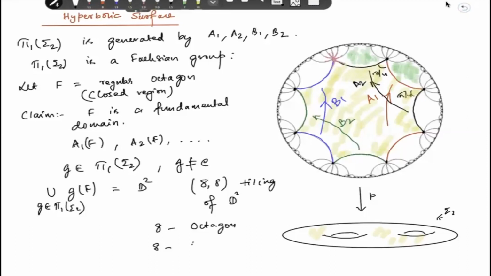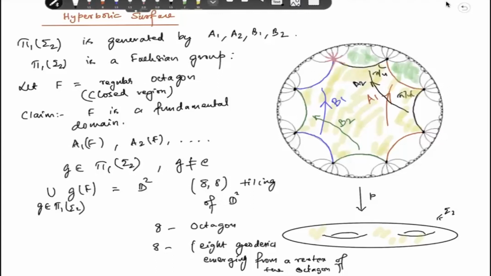So 8 geodesics emerging from a vertex of the octagon. So around any vertex, in fact, there are 8 octagons.